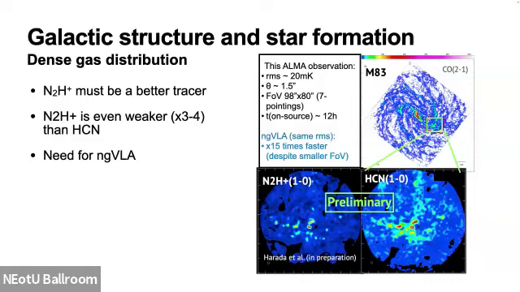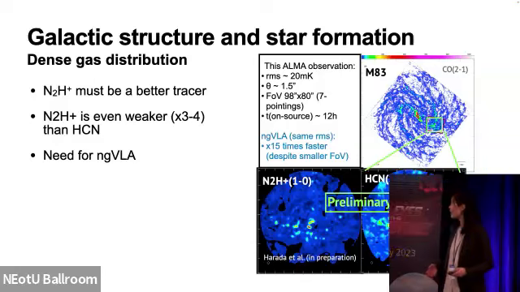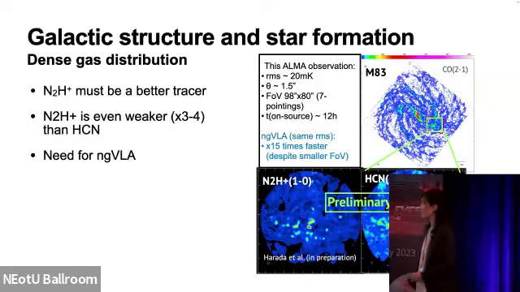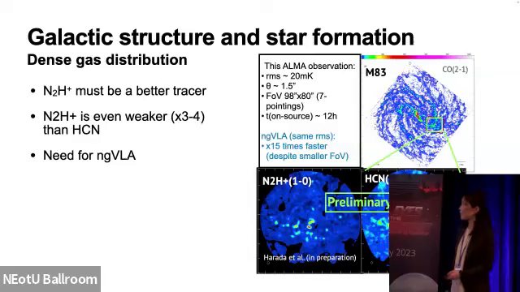The telescope wouldn't give us that much time. N2H+ is 3 or 4 times weaker than HCN. So we need ngVLA, which can probably do this 15 times faster than ALMA, despite the smaller field of view.